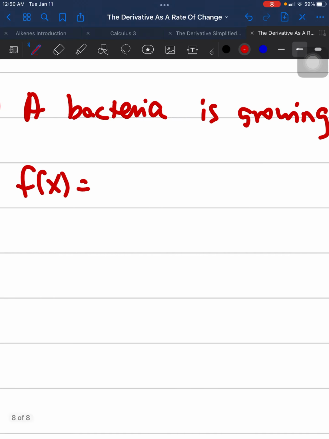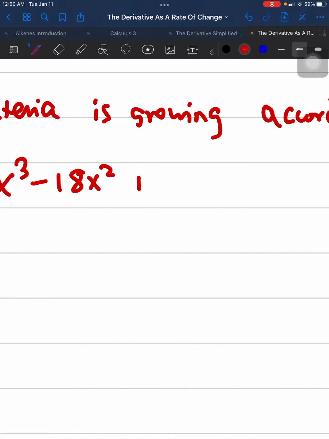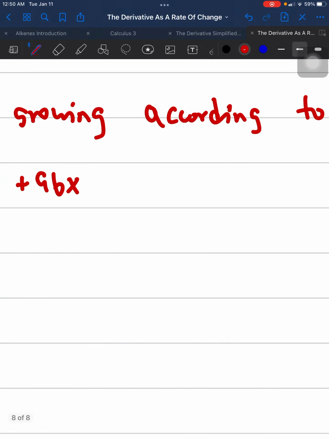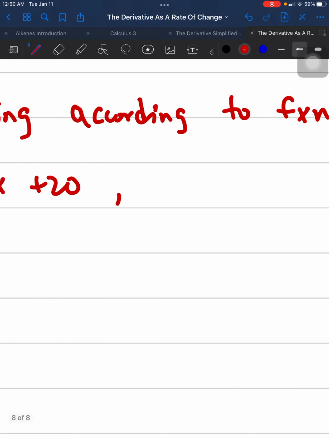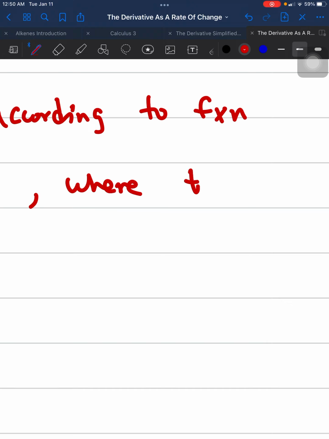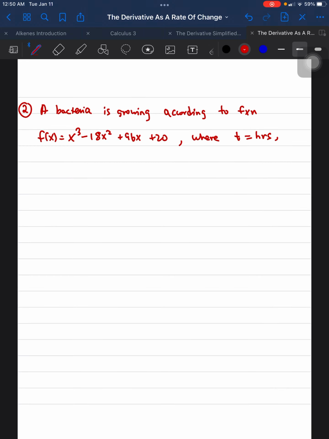Just remember that f of x is equal to x cubed minus 18x squared plus 96x plus 20, and t is in hours.